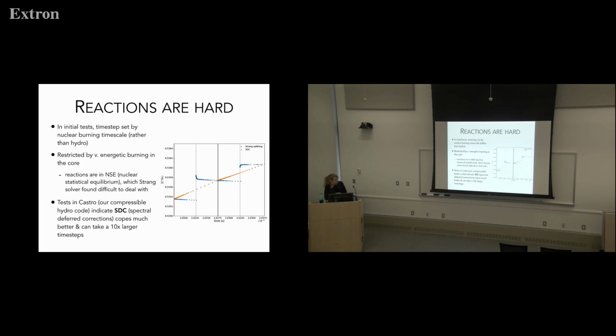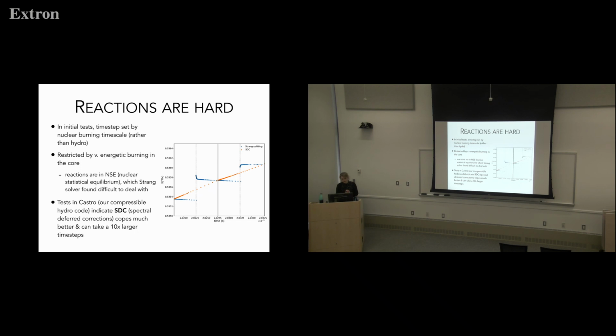So it's going way off the true solution. Then we model the hydro, and then it's pulled all the way back to the true solution at the end of the time step. And each one of these blue points is a call to the solver, and it's having to do lots and lots of work in these regions to try and pull it back to the true solution. So essentially, the strang solver is really struggling to model these really stiff reactions.